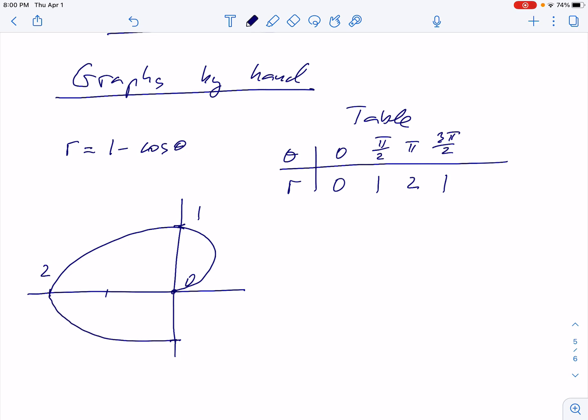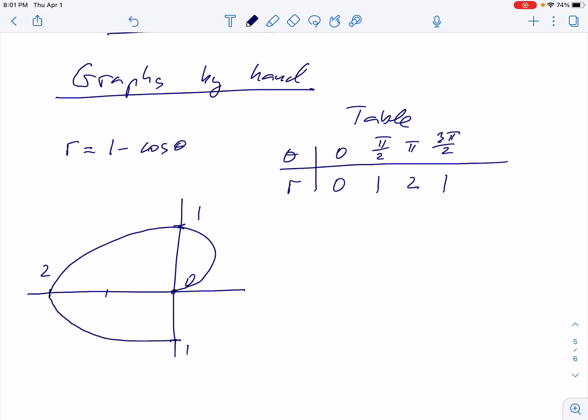We are following like that. Radius is decreasing from 2 to 1. This is the point 0, negative 1 in Cartesian coordinates, but I'm writing 1 for the value of the radius.